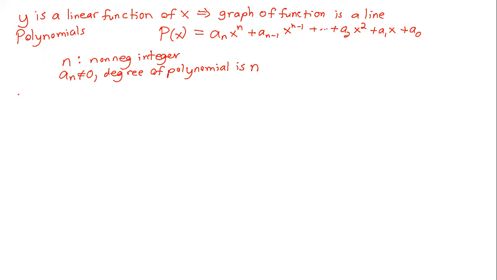So then we also have power functions. These have a form something like f of x equals x to the a, where the a is some type of constant. Then we also can have rational functions, which are ratios of two polynomials.